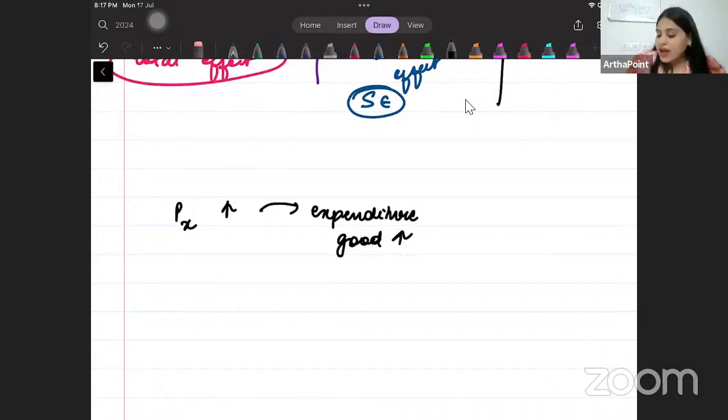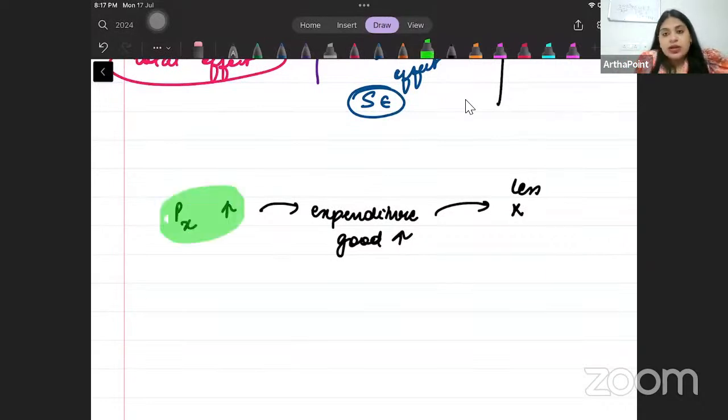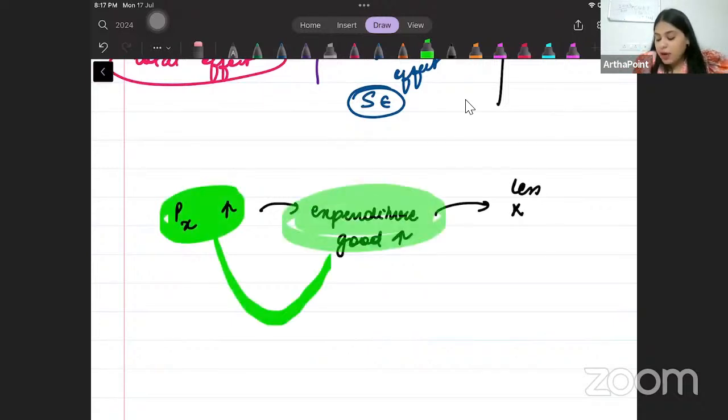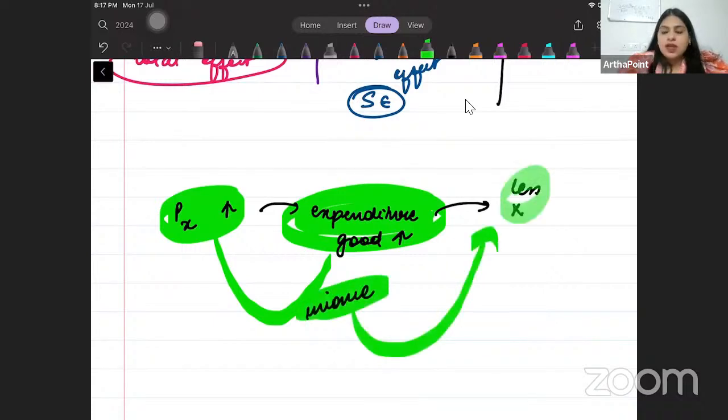It means that you will be willing to buy less of the good because it is becoming expensive. So when price changes, it will change the amount of income you spend on the good. And when that changes, automatically it will affect the demand of the good. So there is a version of the demand that passes via the expenditure route.